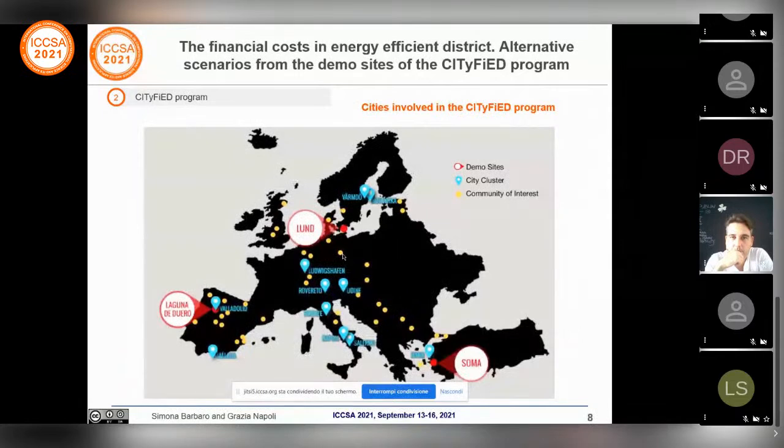Certify was implemented in 3 pilot projects in different urban and socioeconomic contexts: the Manisa district in Soma, Turkey, the Torrelago district in Laguna de Duero, Spain, and the Linero district in Lund, Sweden. In addition, the program created a city cluster and a community of interest of many cities.